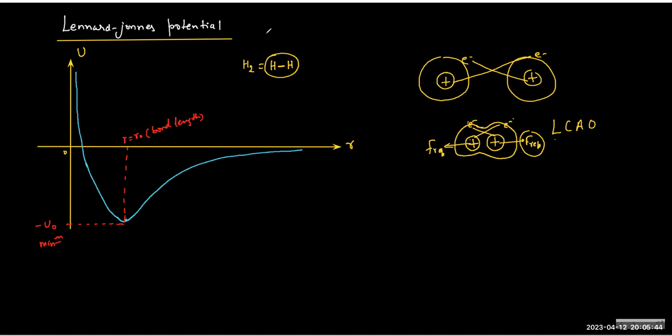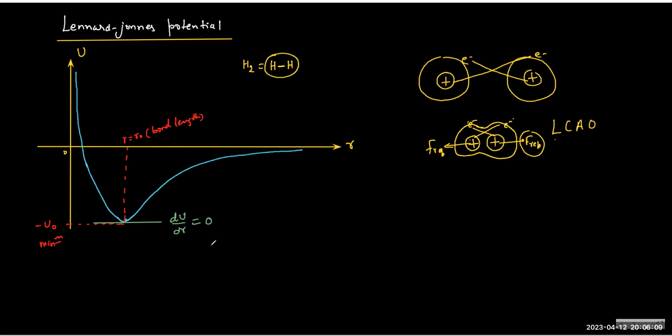And you can also see that if I draw a tangent at this point, it will be parallel to the x-axis, isn't it? So du by dr is how much? 0, right?